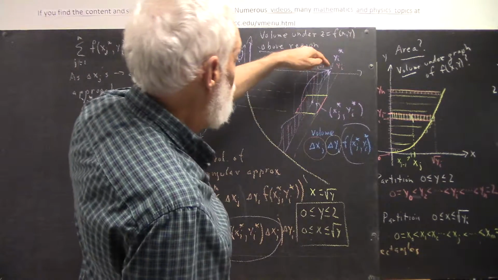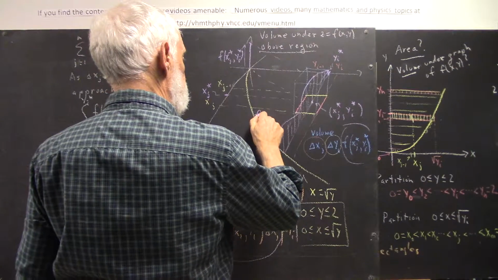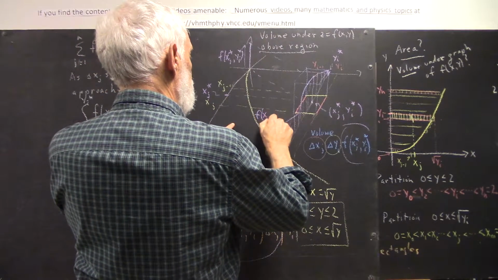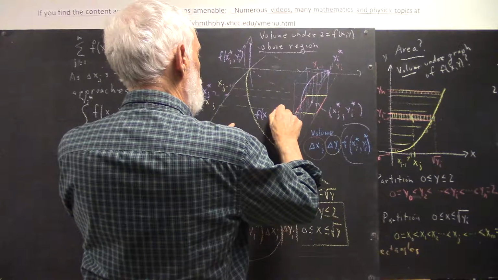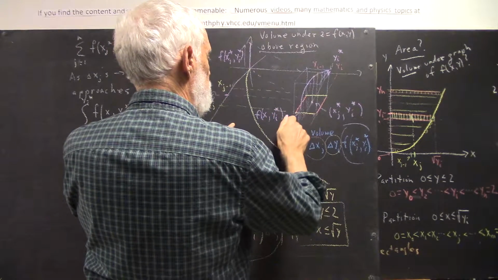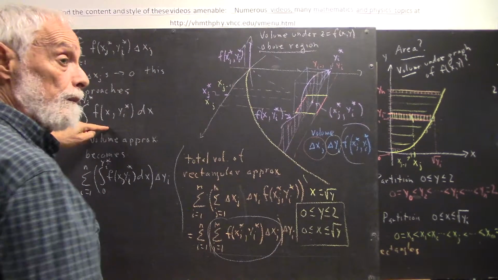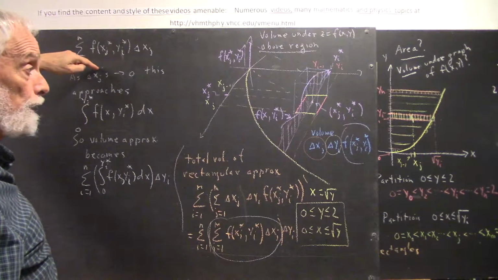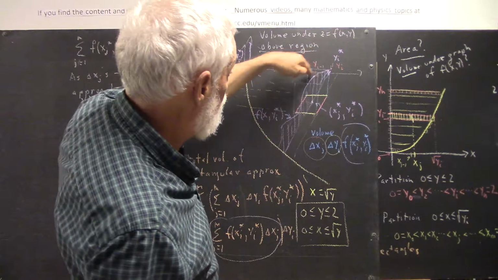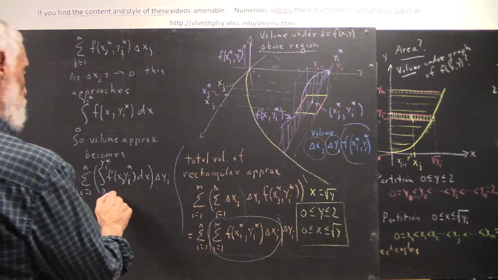And it's this function, which is now f of x, y sub i star, that I'm integrating here. Letting my delta xj's go to 0, I get the integral of this continuous function. So that's what this is.